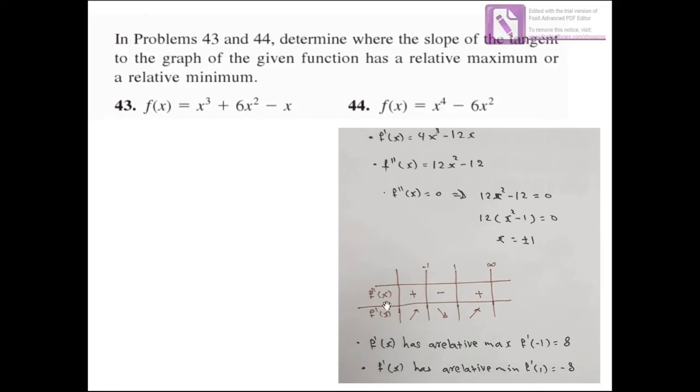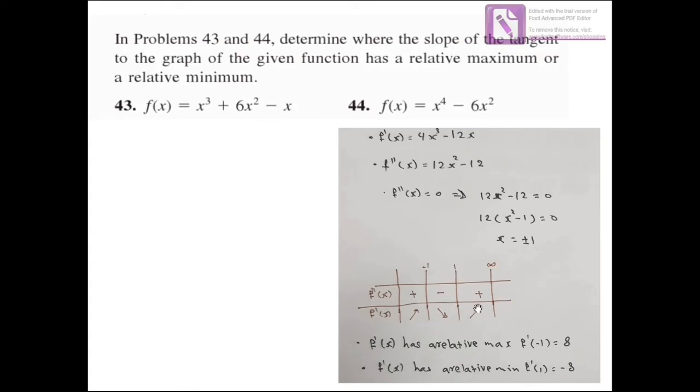So now we need to check the second derivative on these intervals: from minus infinity to minus 1, then from minus 1 to 1, then from 1 to infinity. From minus infinity to minus 1, the second derivative is positive, so our function f prime x is increasing. From minus 1 to 1, the second derivative is negative, so f prime x is decreasing.